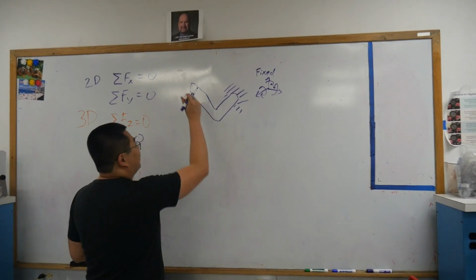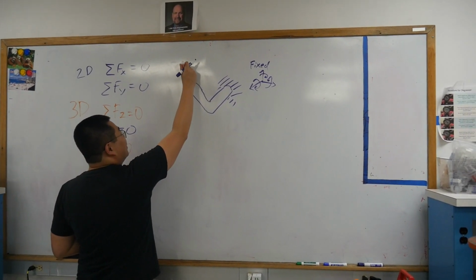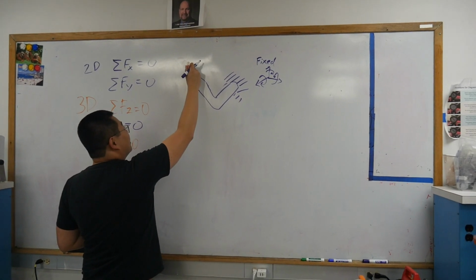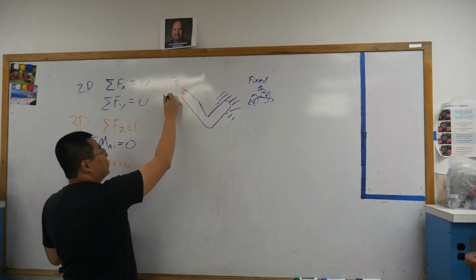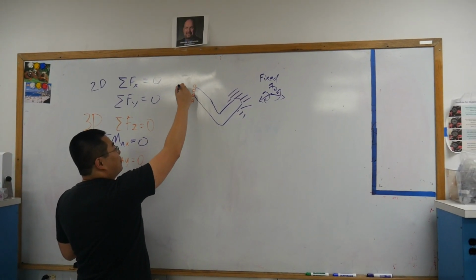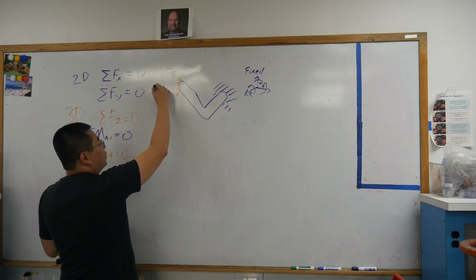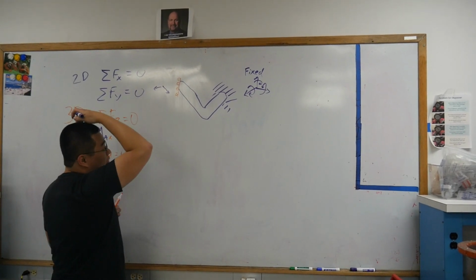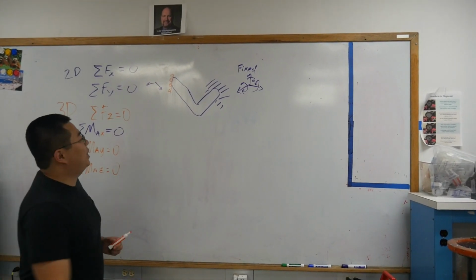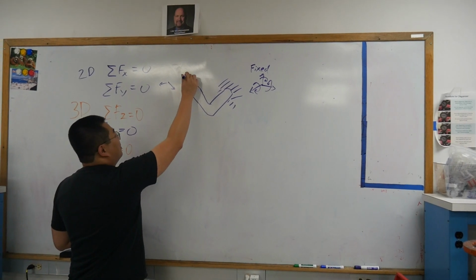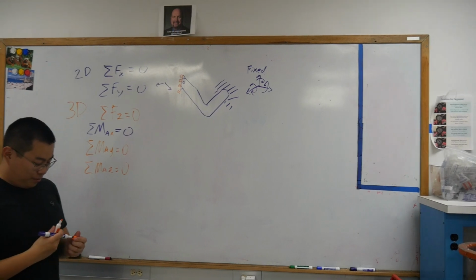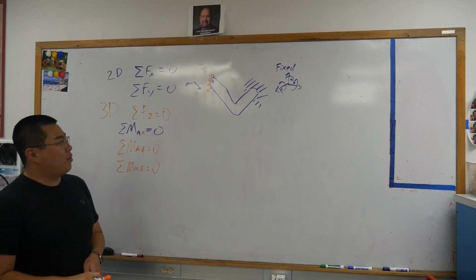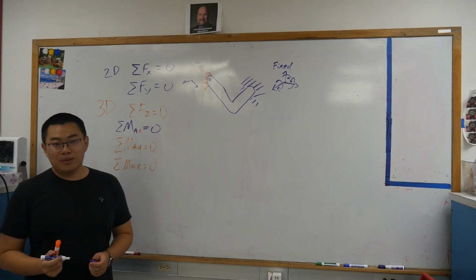We can have roller supports, which would prevent normal forces. And if I add a pin here, there'll be a little bit more of a compound support, and that would allow rotation in a certain direction too.